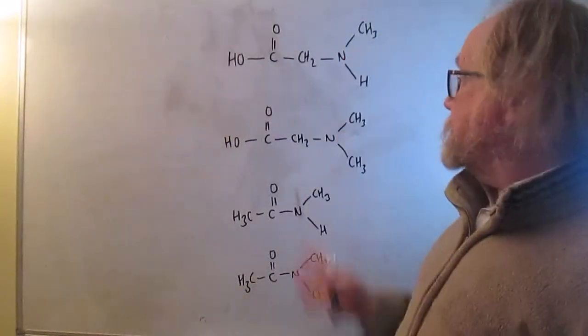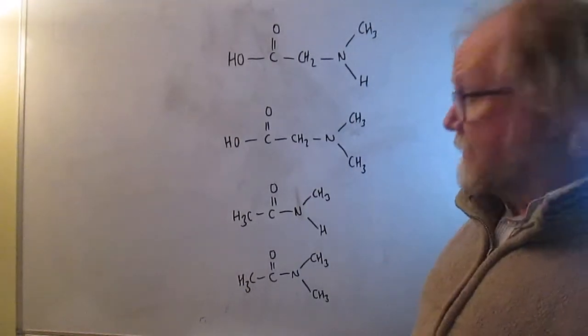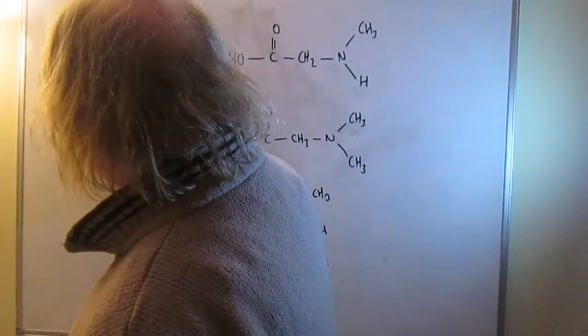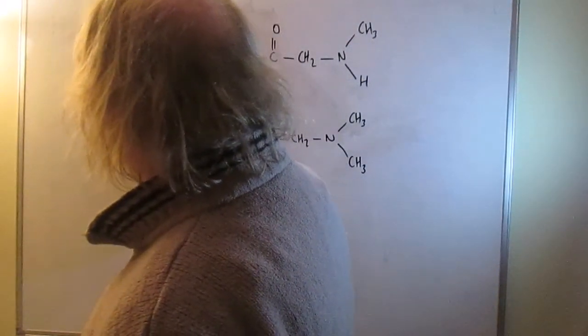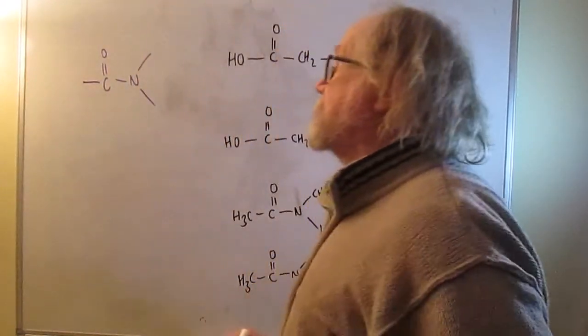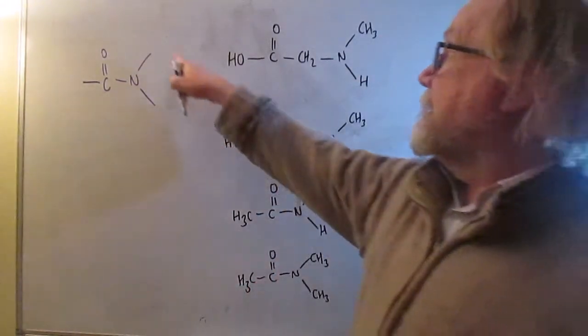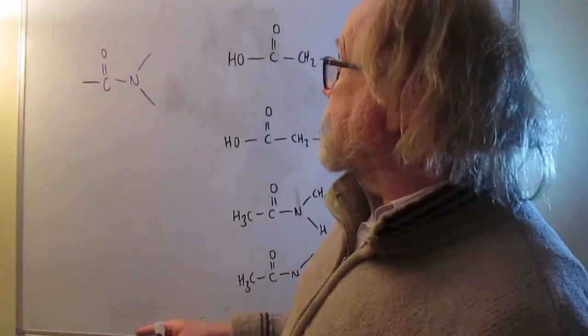Question 2, you have to choose between these 4 and decide which one is a secondary amide. So what you should know is that an amide group is CON something, and there will be 2 other things attached there. What distinguishes primary, secondary, tertiary amides is the usual thing of what's attached to the nitrogen.